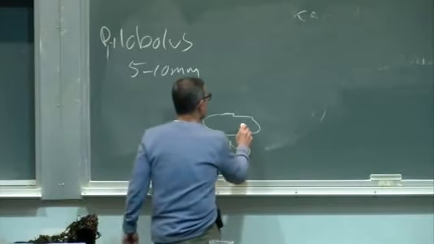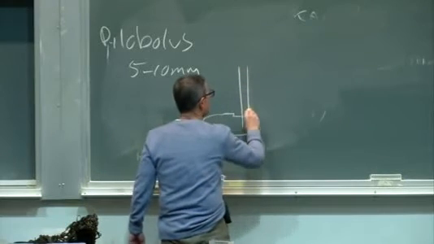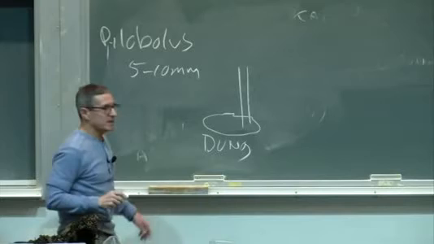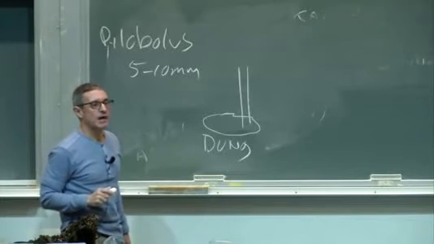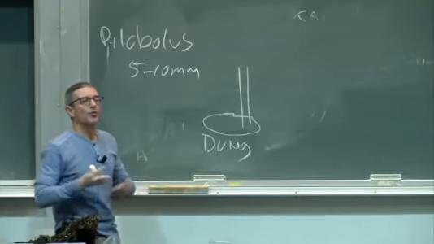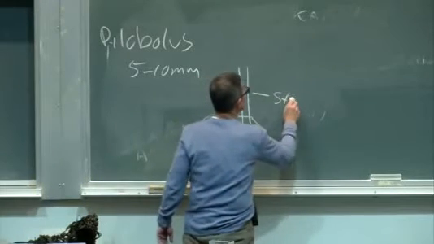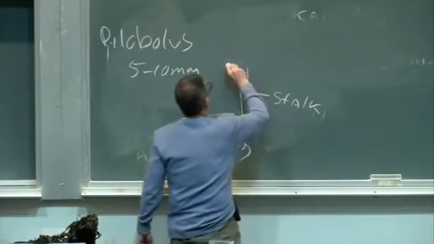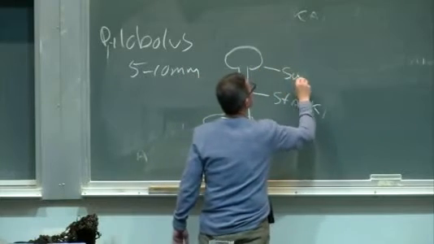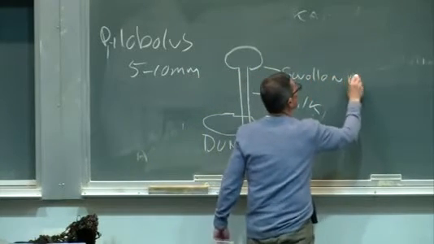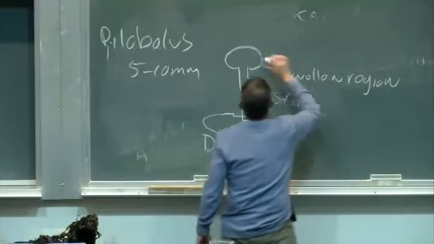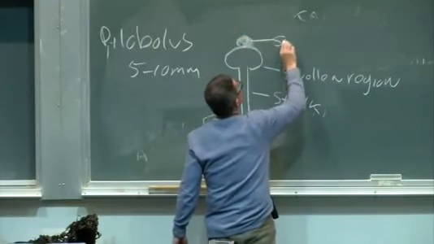If we look carefully at this fungus, we find, again, it's about 5 to 10 millimeters in height. It's divided into 3 general regions: a stalk, a swollen region, and a spore mass.